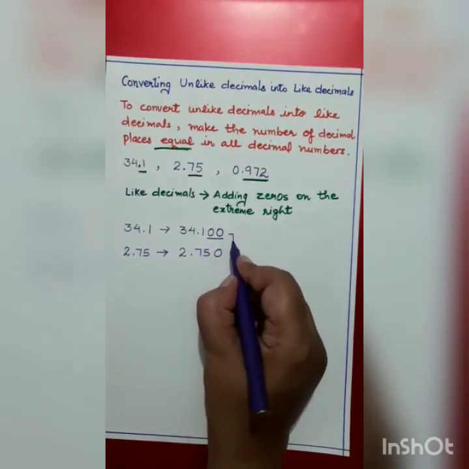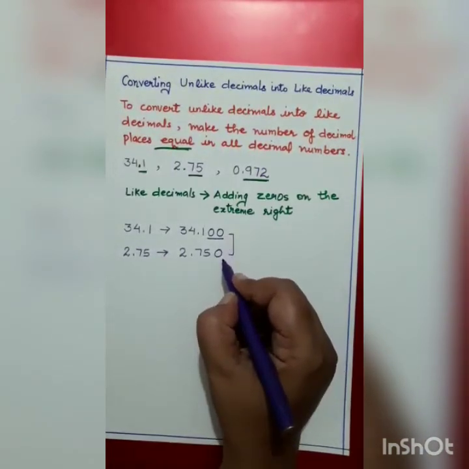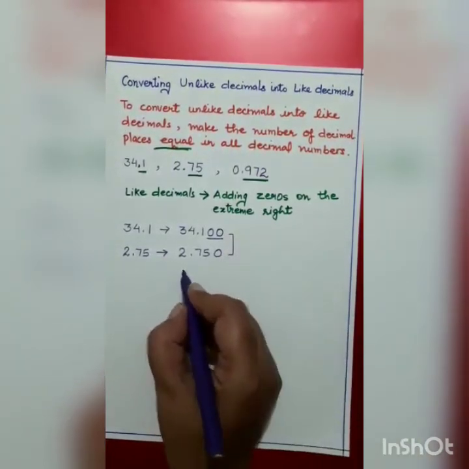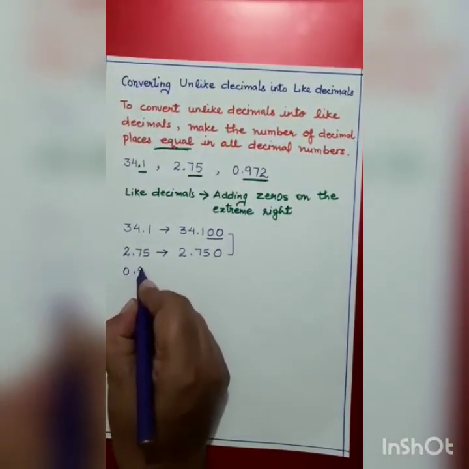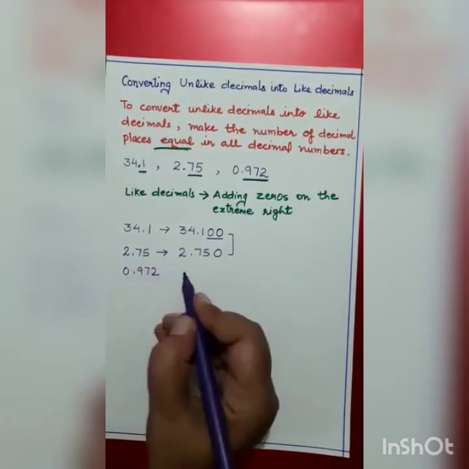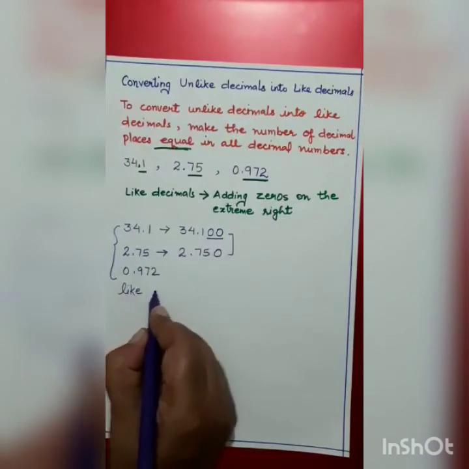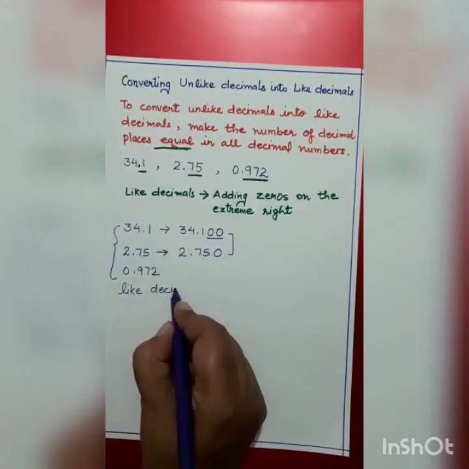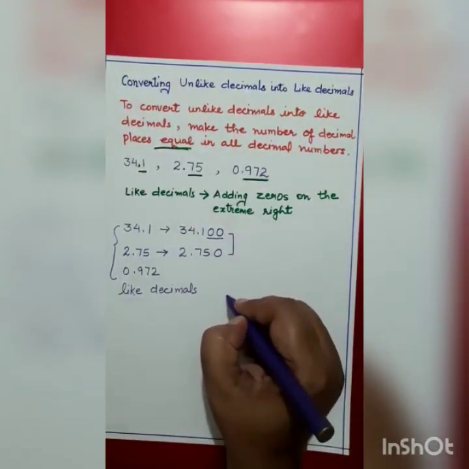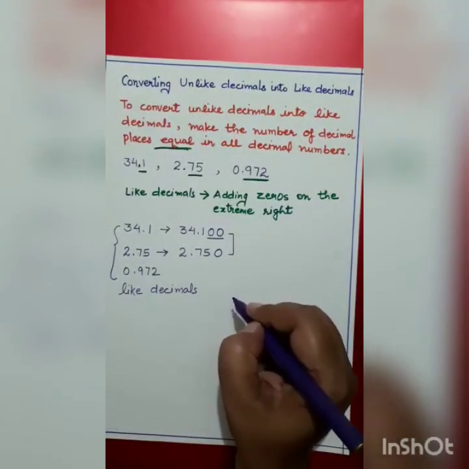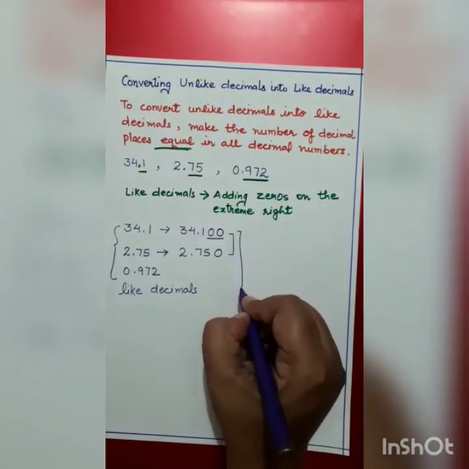These two numbers now have three decimal places. Therefore, these three numbers are now like decimals. By putting zeros at the end, the value of the numbers will not change.